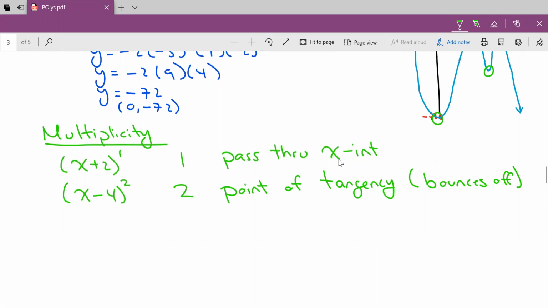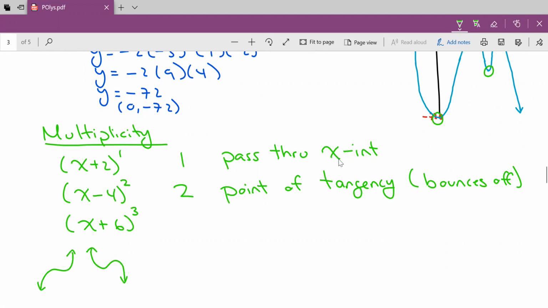Now, we've got one more multiplicity we have to consider here. It's when we have a multiplicity of 3. A multiplicity of 3 is a little bit tricky to draw. What this does is it looks very much like a cubic function. A cubic function looks something like this, or something like this.